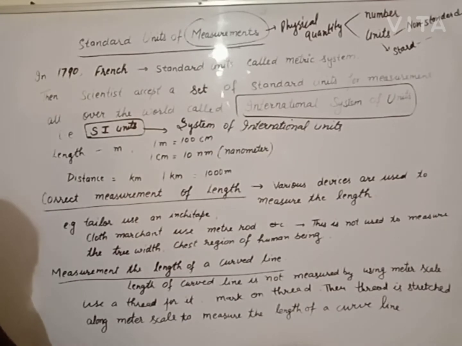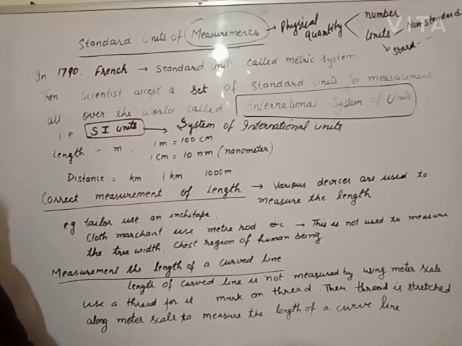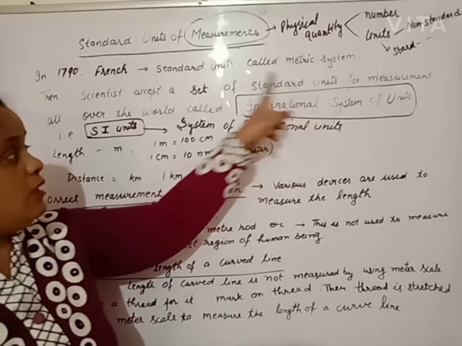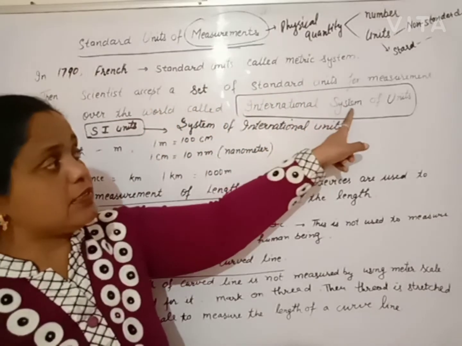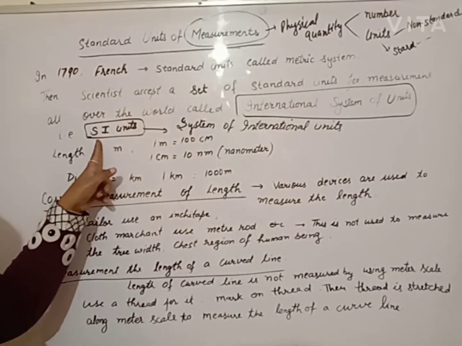Beta, this metric system will be used all over the world for the sake of uniformity. Scientists accepted a set of standard units of measurement all over the world, known as the International System of Units or SI units.